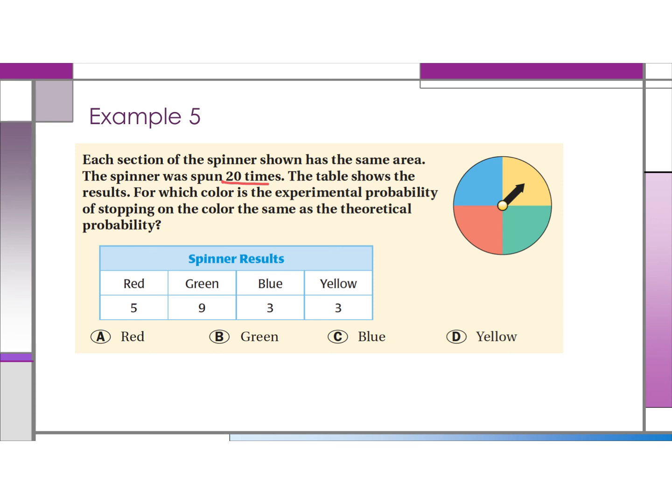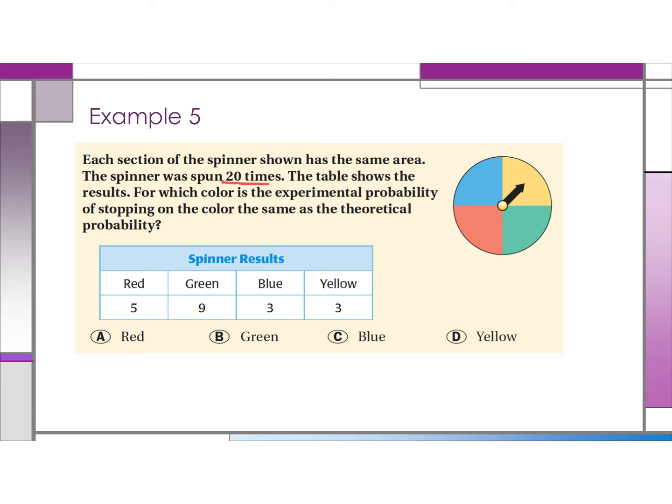But again, when you actually do something, that's not always the case. So what they want us to do is figure out, based on these experiment results, which color gives us the same as the theoretical probability. So let's go through and check it.